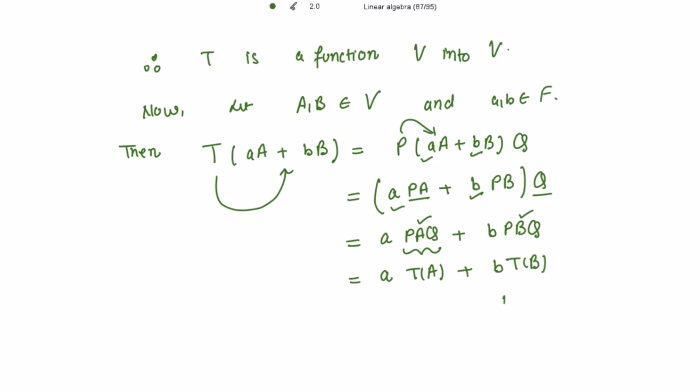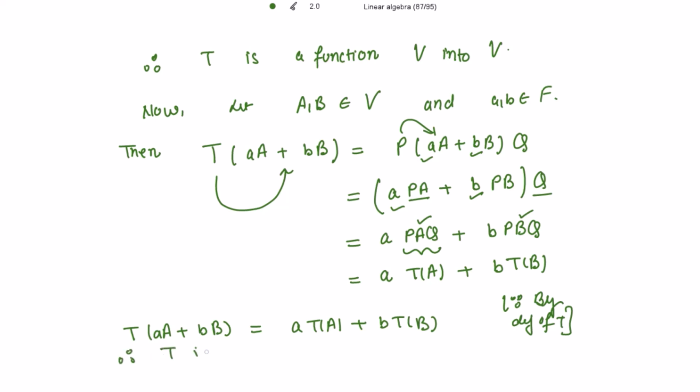by definition. By definition of T, which is given to us. So we have shown that T(aA + bB) is equal to aT(A) plus small b into T(B). So hence we have shown that this is a linear transformation.